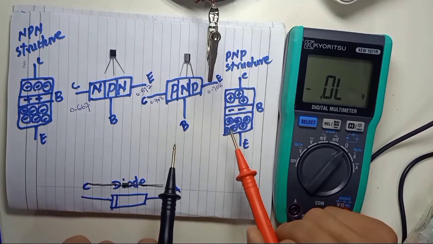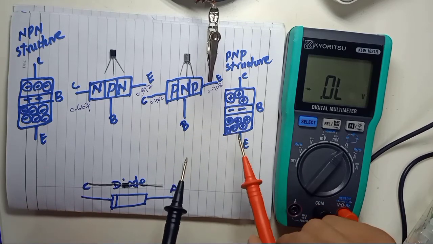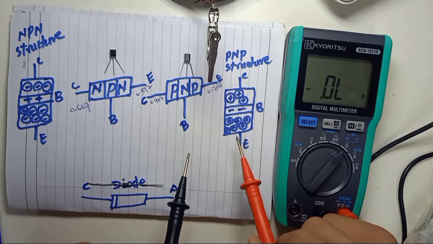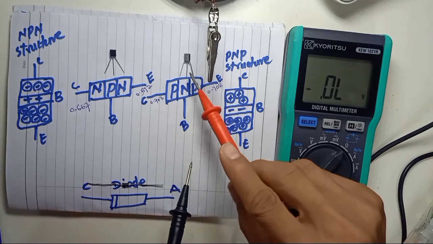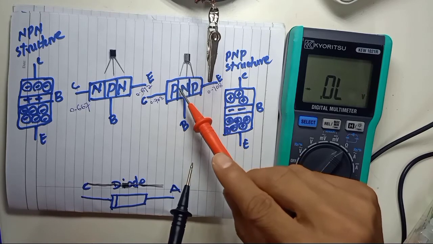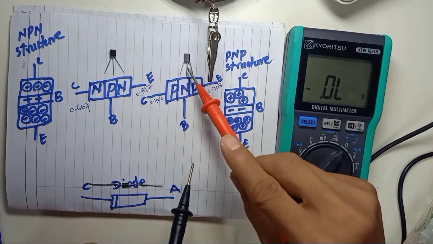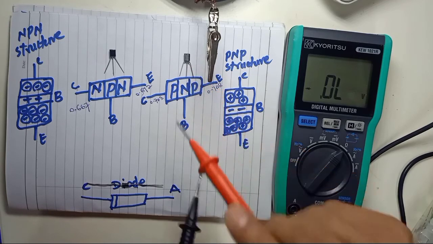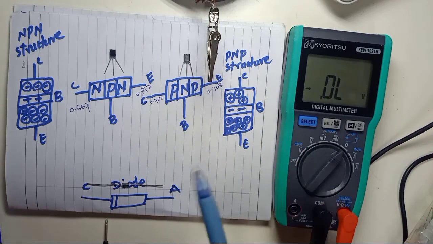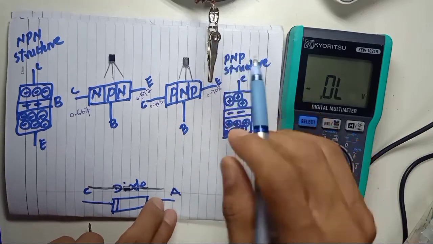So this is the way to identify an NPN or PNP transistor using a digital multimeter. If you check back your transistor, this is a PNP transistor, BC558.